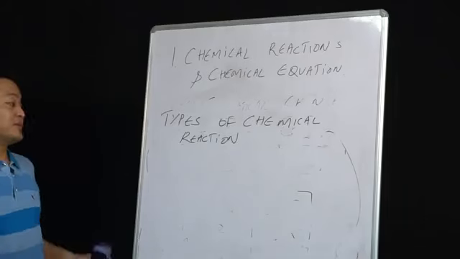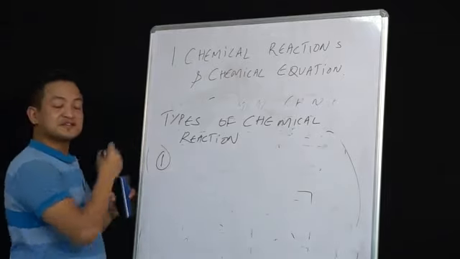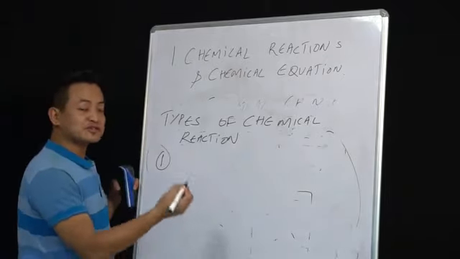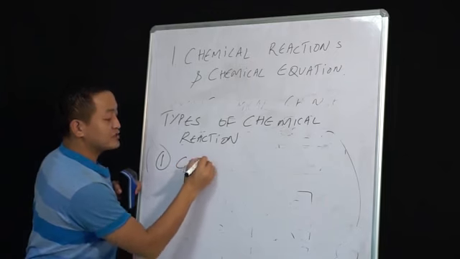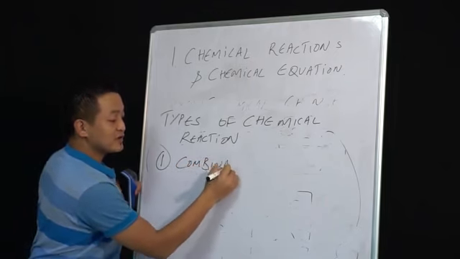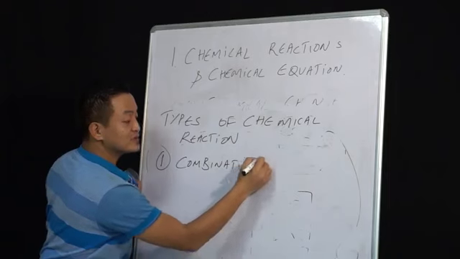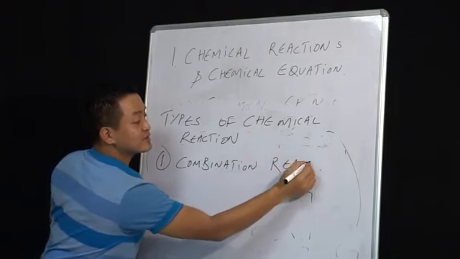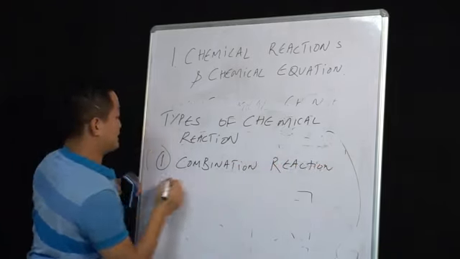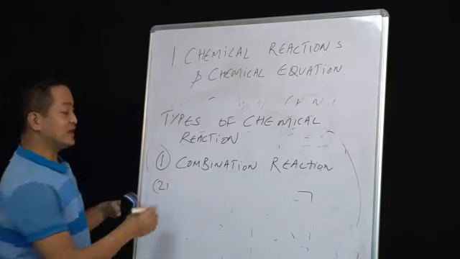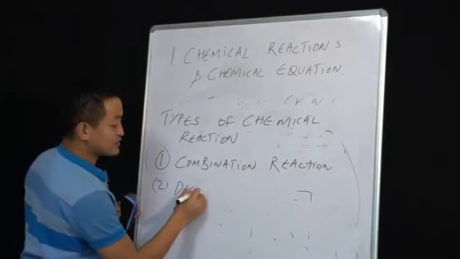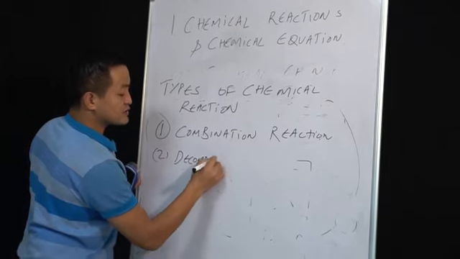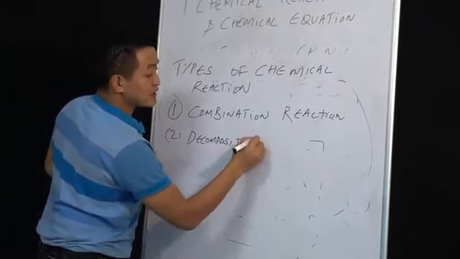Types of chemical reaction. The first type of chemical reaction that we will study is combination reaction. The second type that we'll be studying is decomposition reaction.